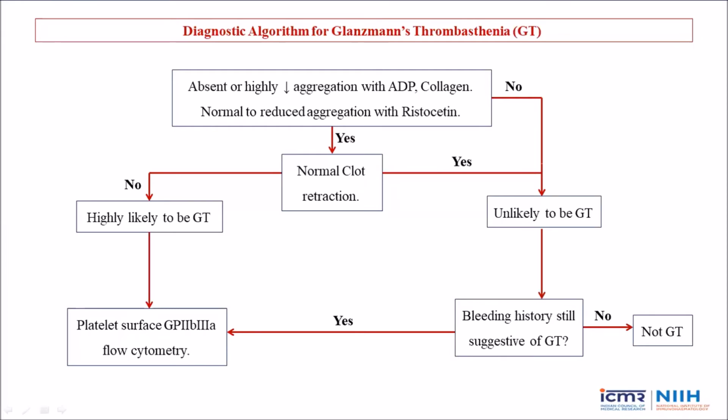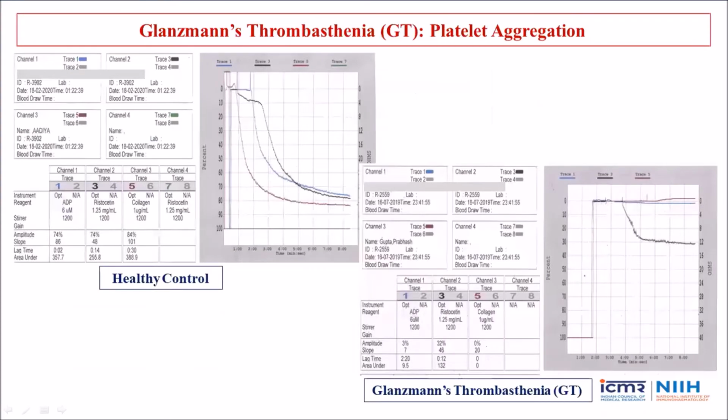Then you further go ahead and take the bleeding history. If it is still suggestive of GT, you can still go ahead and do the flow cytometry. Or if flow cytometry is the final thing, if that doesn't say that it is GT, then it could be something else.